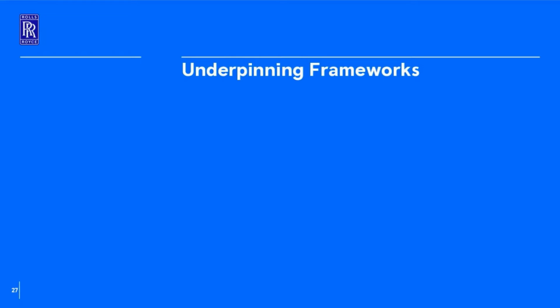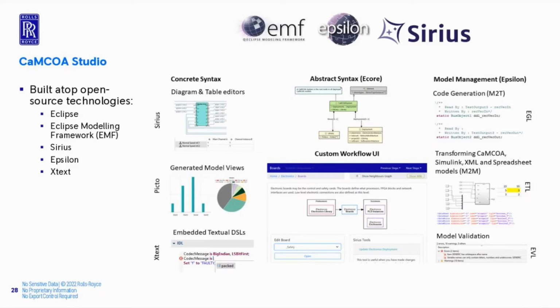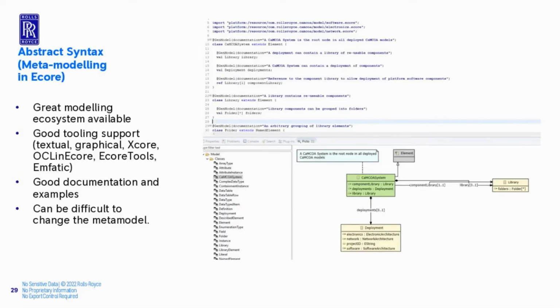So now I want to quickly talk you through the underpinning frameworks of CaMCOA Studio. CaMCOA Studio is built on top of a variety of different frameworks, and over the coming slides, I'll cover each one, and I'll note the experiences that we've found with each of these frameworks. Firstly, we've used the Eclipse Modelling Framework for creating the abstract syntax of CaMCOA Studio.